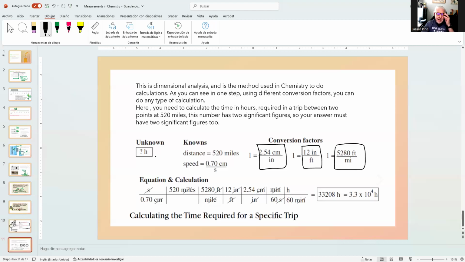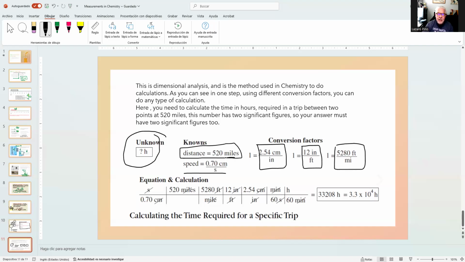In this case, I want to know the time in hours. And what is given? The distance and the speed of something that is moving from one space to another. The distance between 2 points is this.